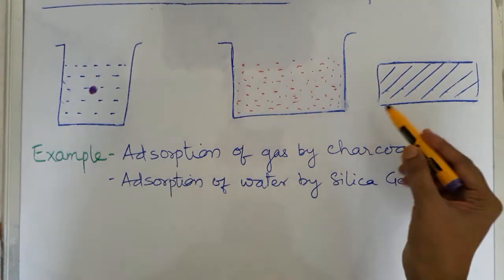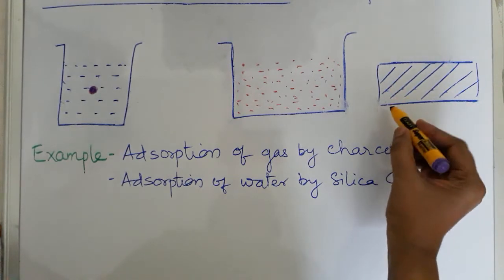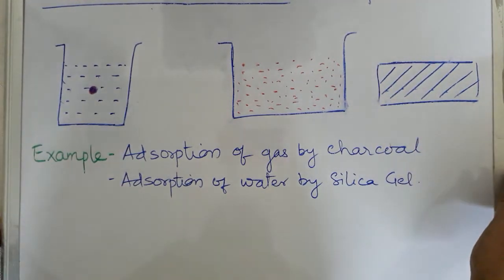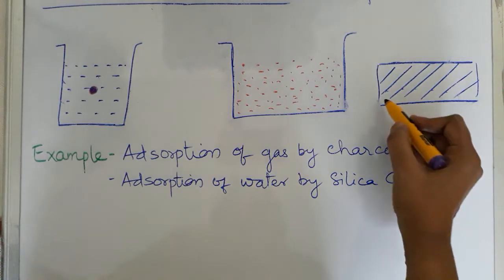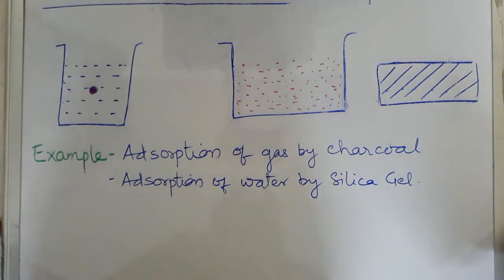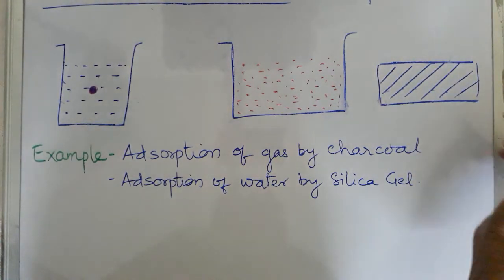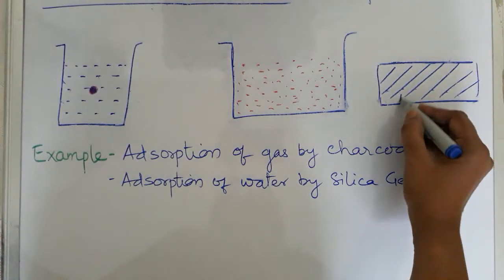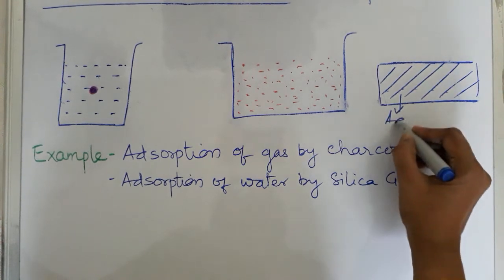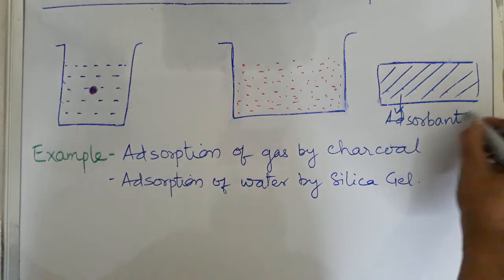Let us suppose that this is the surface on which the phenomenon of adsorption has to take place. As I said, adsorption is a surface phenomenon. When will we say that adsorption has taken place? If this is the surface, it will act as the adsorbent.